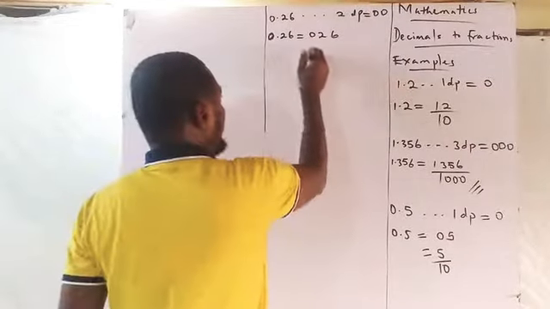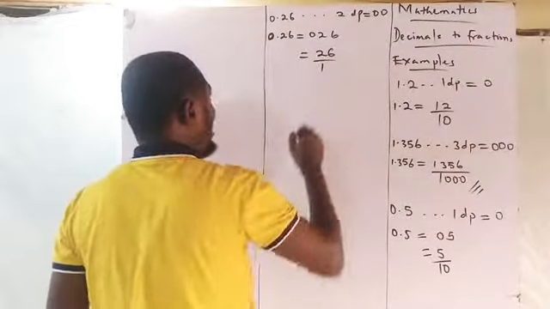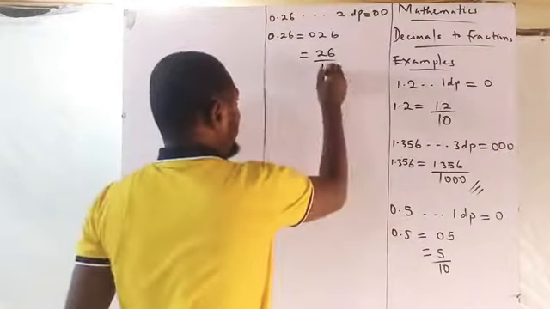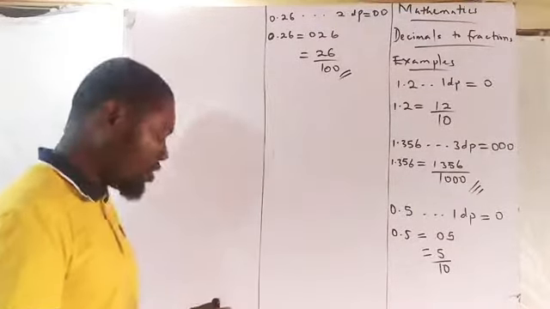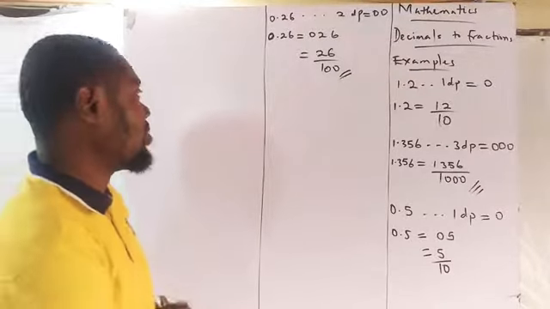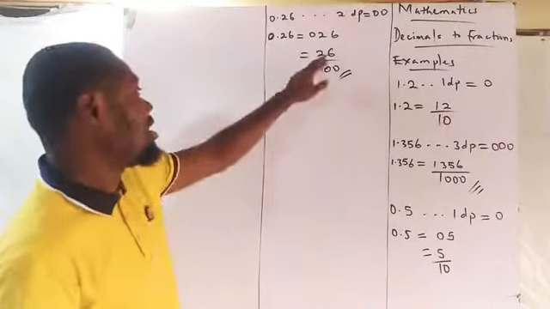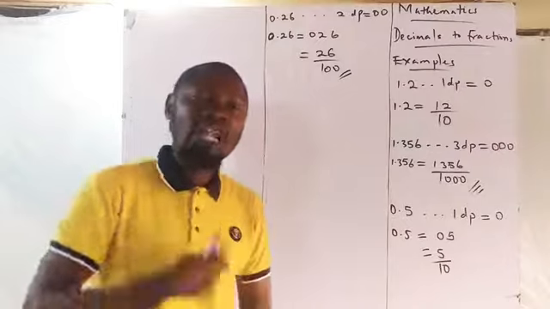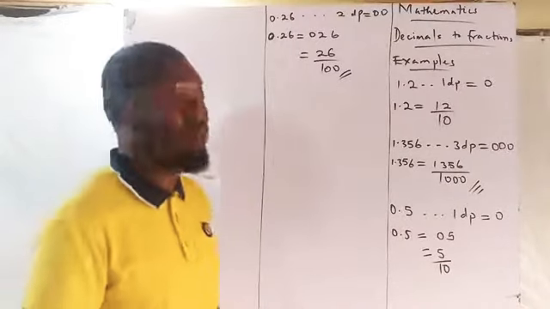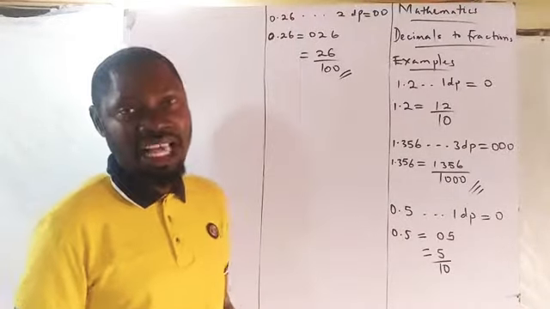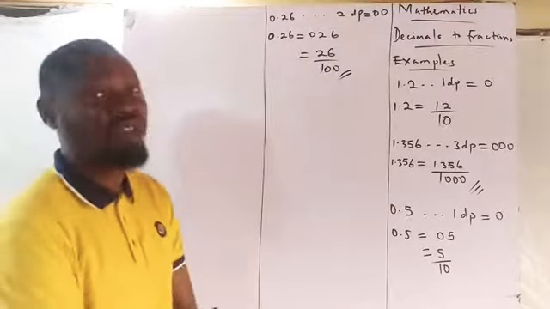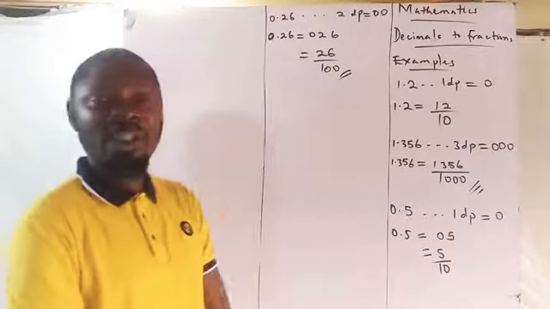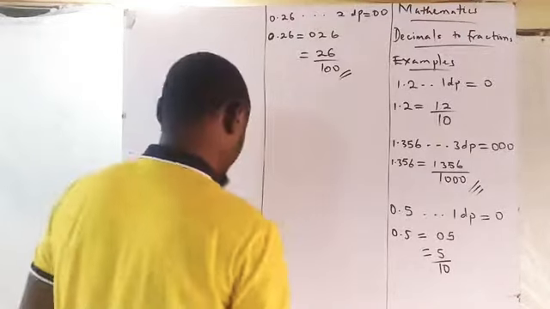So it's the same thing as writing 26 over 1. Add the 2 zeros. That is it. So 0.26 is the same as 26 over 100. You can change as many decimals to fractions before you start multiplying or dividing.